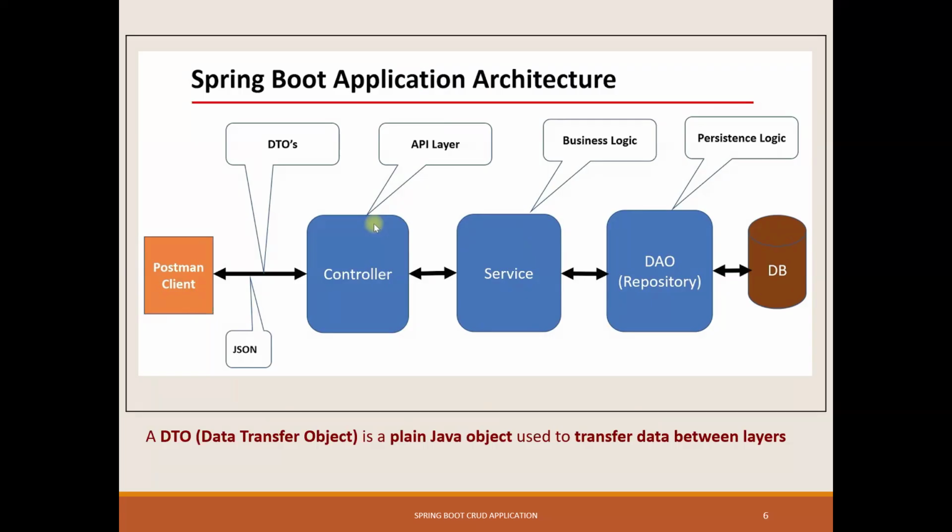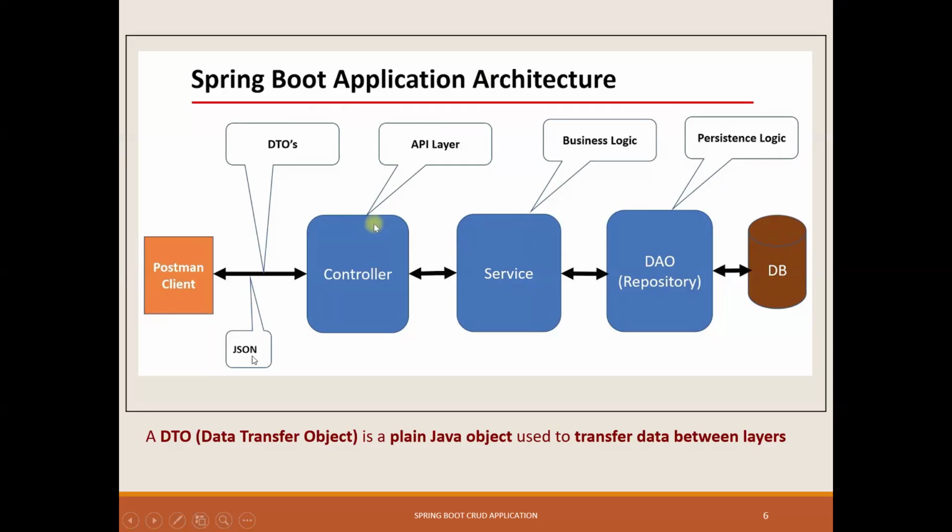So here we have the list of layers, that is controller, service and repository. From this client, which can be Postman, the request is sent to the controller, that is the presentation layer. This request can be forwarded to either the service layer or the repository. The repository is the data access layer that interacts with the database directly and gets back the response to the controller.